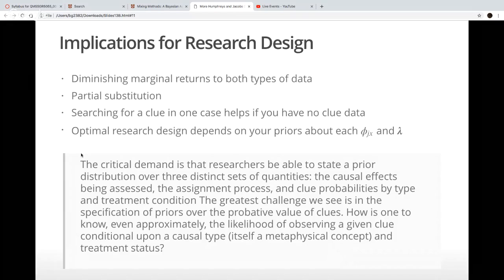But if you have 3 observations with X and Y and 1 where you have X, Y, and K, then getting a second observation where you have the clue data isn't as valuable as getting an additional observation where you don't have the clue data.